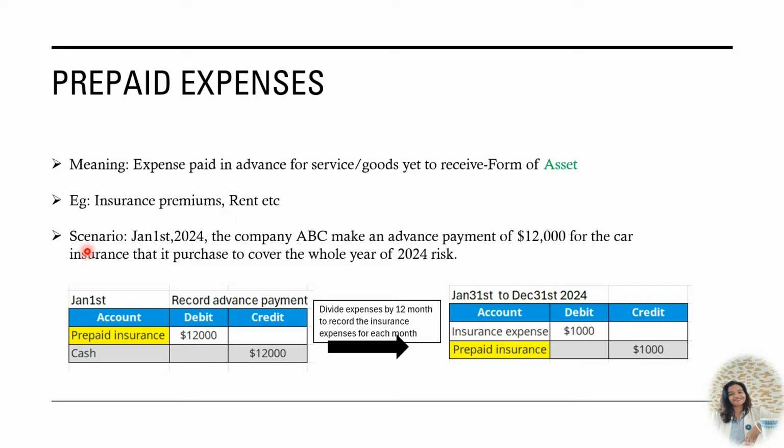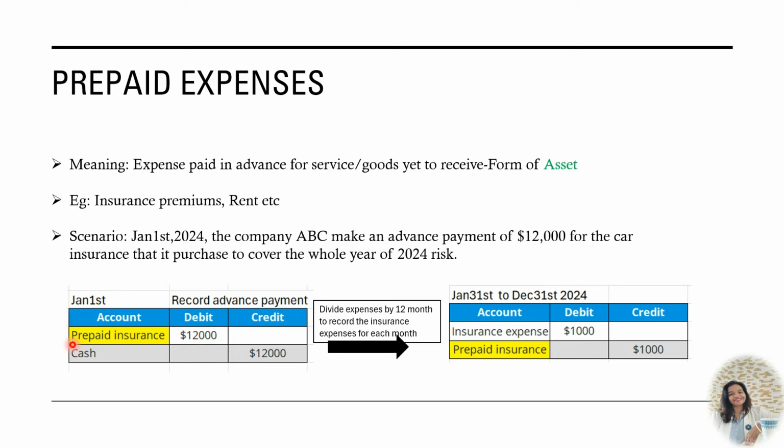Suppose a company is making an advance payment of 12,000 for the car insurance it has purchased, which is going to cover the risk for the entire 1 year. When I make the payment of 12,000, I will record the advance payment on 1st of Jan because I am making the payment.